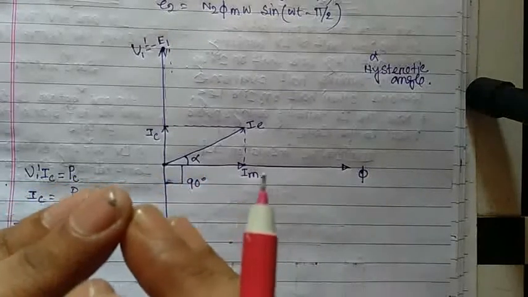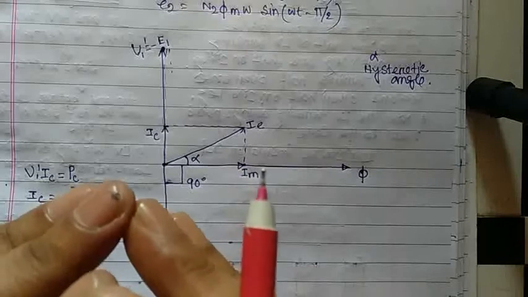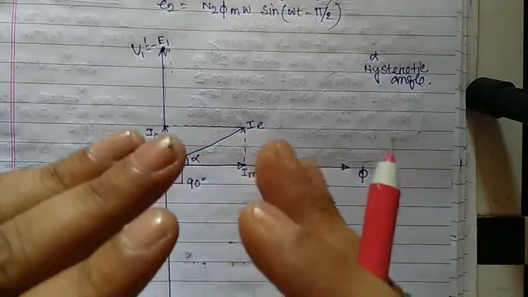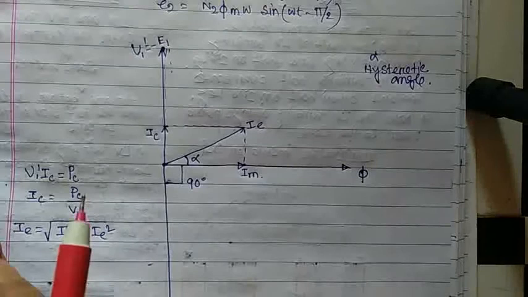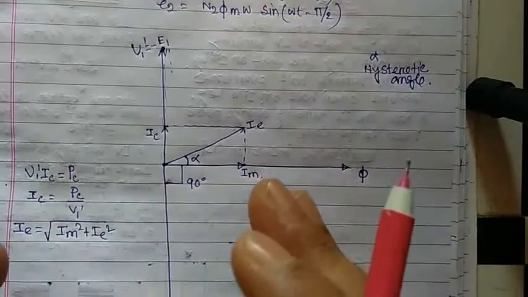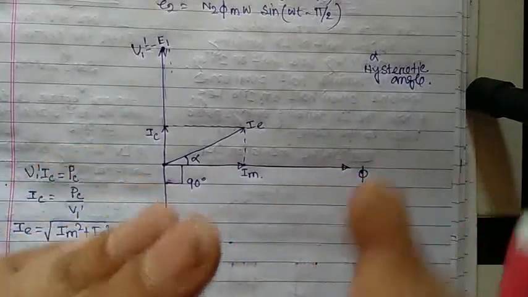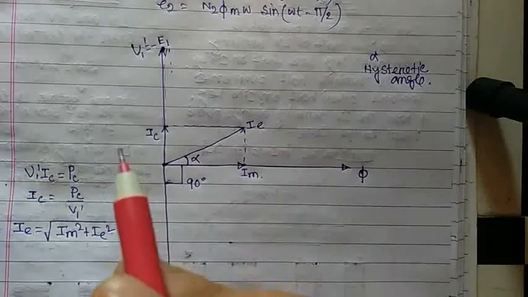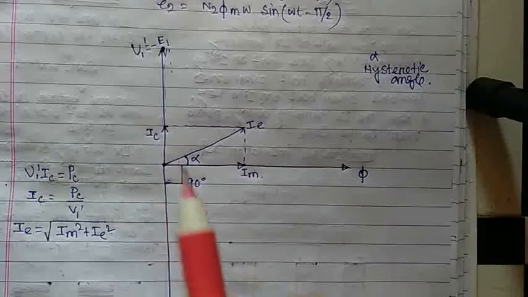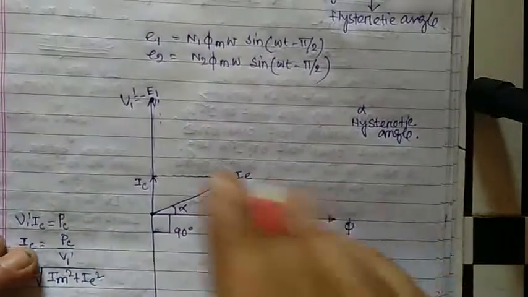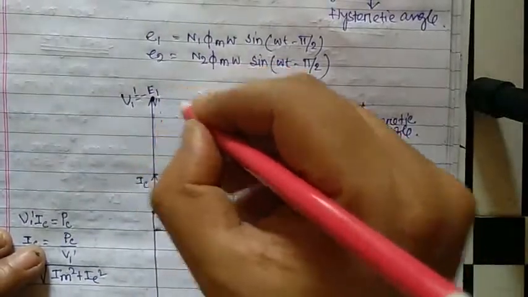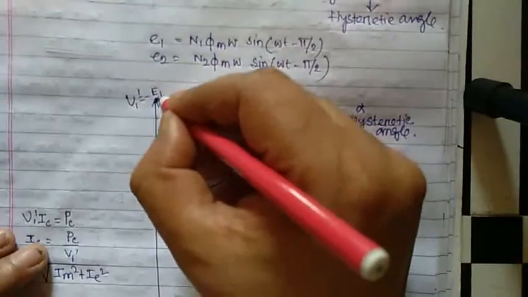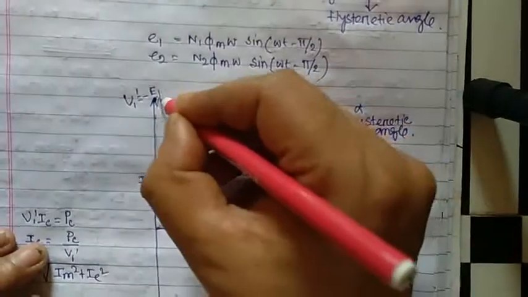If I take the primary current as only the exciting current, the primary resistive drop is IE into R1, which is in phase with IE. So for the calculation we draw it parallel with IE.